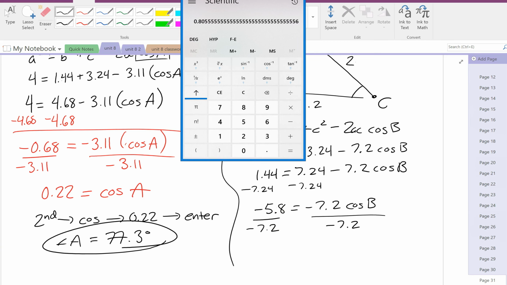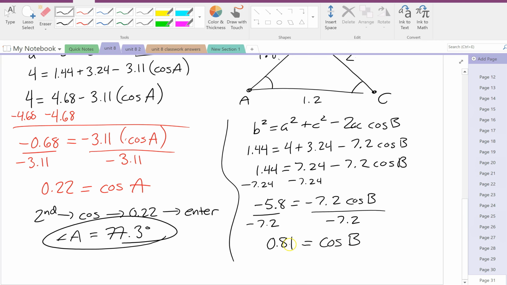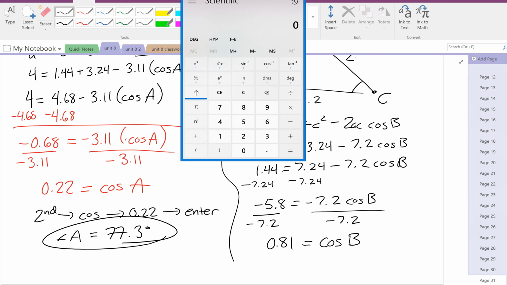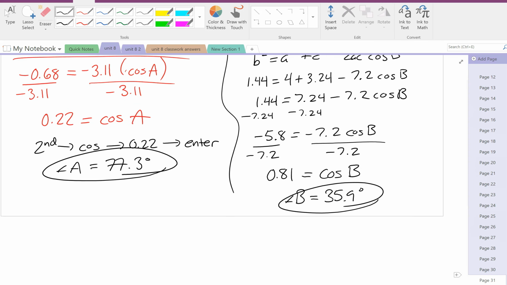Let's just call that 0.81 equals the cosine of B. So now I'm going to do the inverse cosine of 0.81, which is 35.9. So angle B is 35.9 degrees.